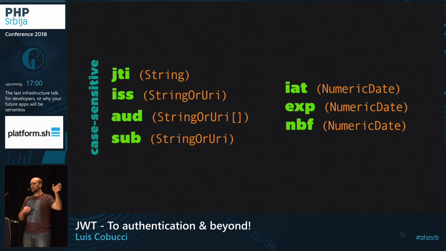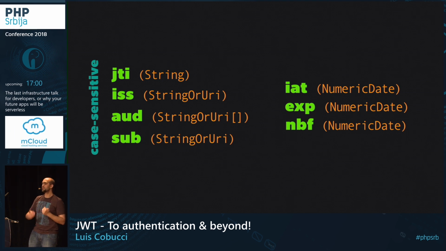With these three claims, you can do things like, hey, the token was issued now, it will expire in an hour, but it is only valid after 5 minutes from now. So you can have a lot of control over the token that you're issuing.